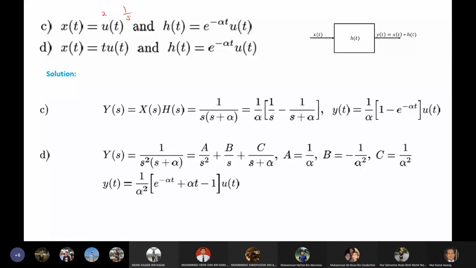So from the table is number 2. So 1 over s times 1 over s plus alpha. So this can be written as this, and this actually then you use the inverse Laplace transform. This is equal to 1, and this is actually this part.